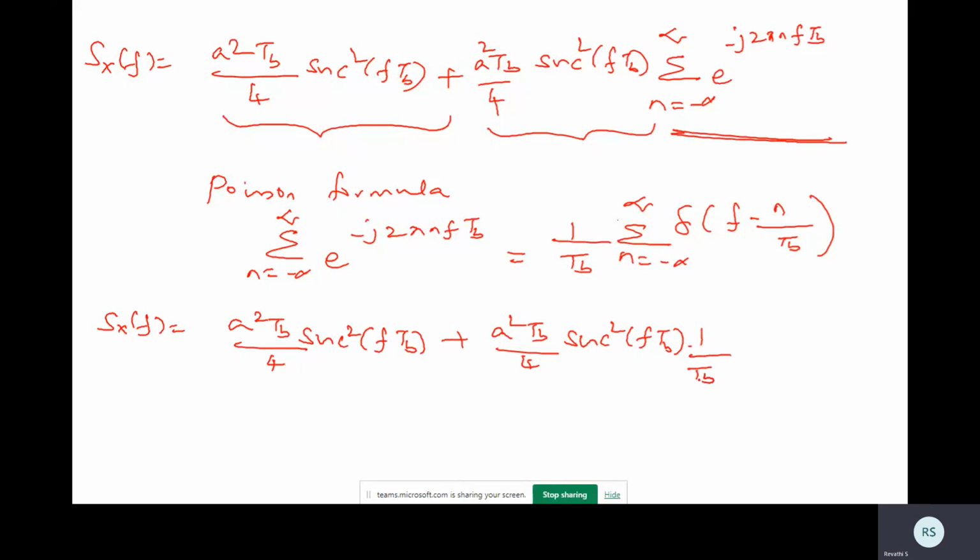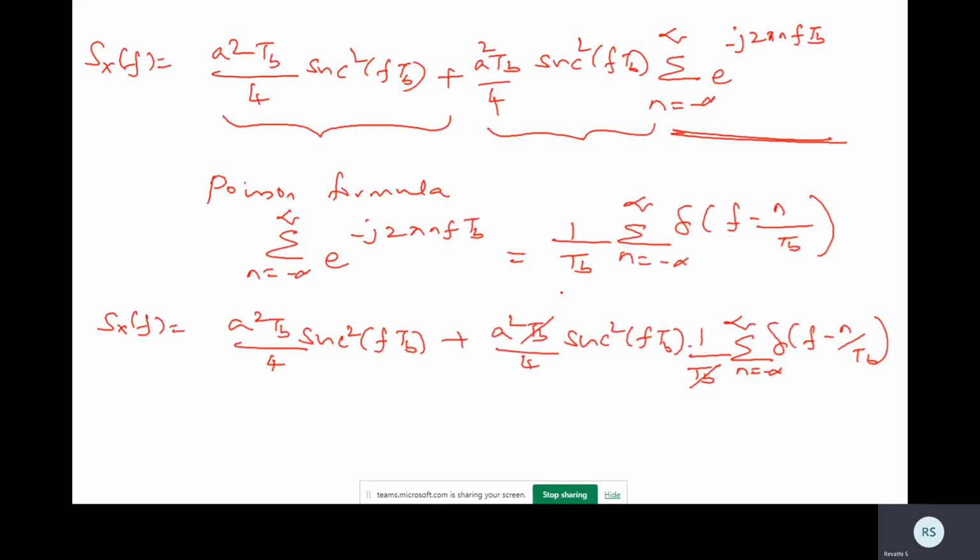So this becomes 1 by Tb summation n equal to minus infinity to plus infinity delta of f minus n by Tb. This Tb and this Tb will get cancelled out, and now you can understand the sinc function is multiplied by periodical impulses. These impulses are placed at f equal to 0, f equal to 1 by Tb, 2 by Tb, like that.